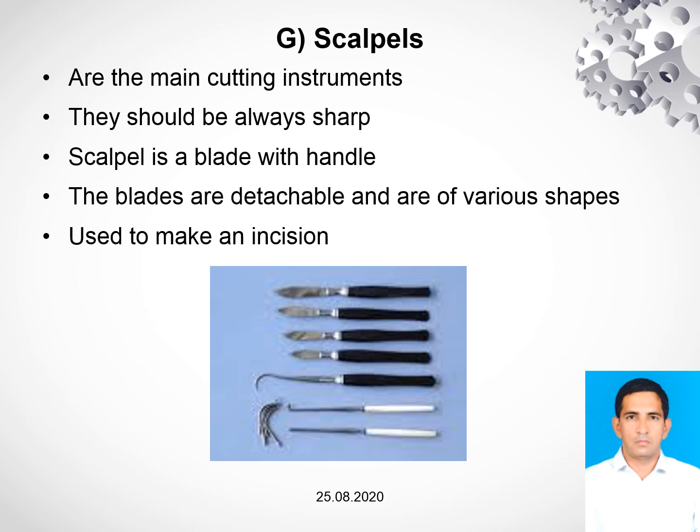Scalpel blades are usually made of hardened and tempered steel, stainless steel, or high carbon steel. In addition, titanium, ceramic, diamond, and even obsidian knives are not uncommon.